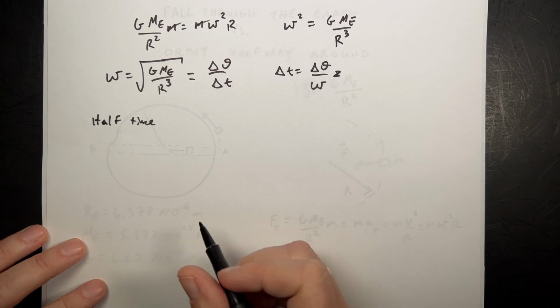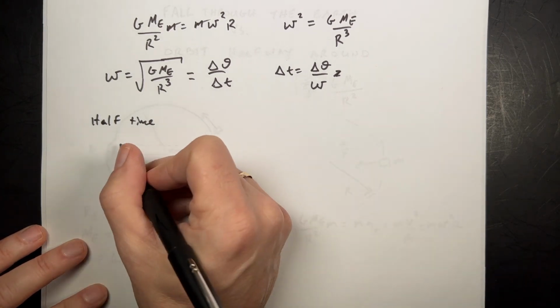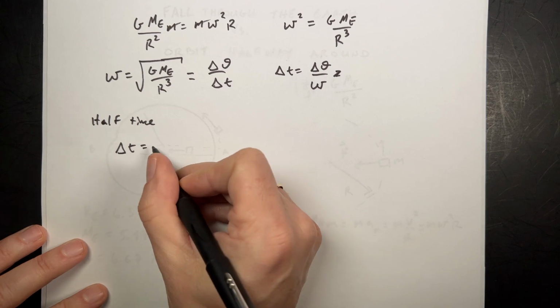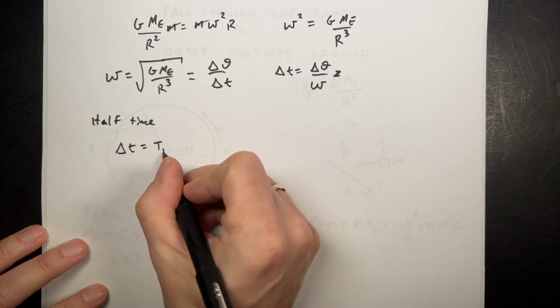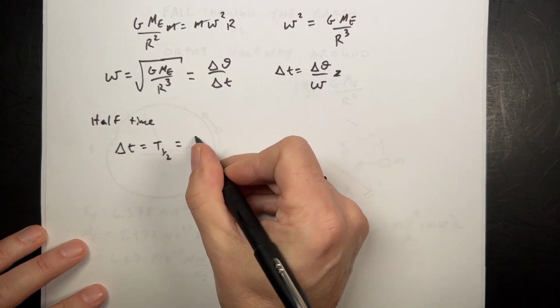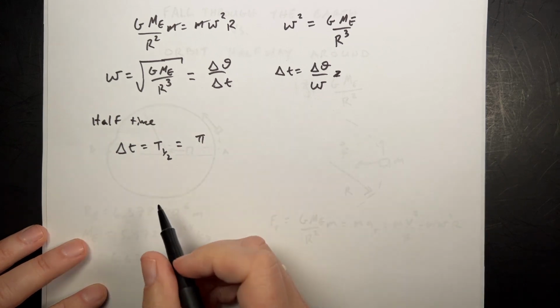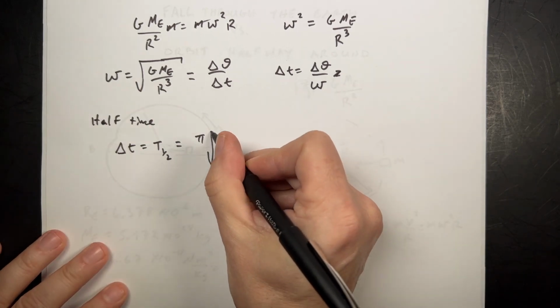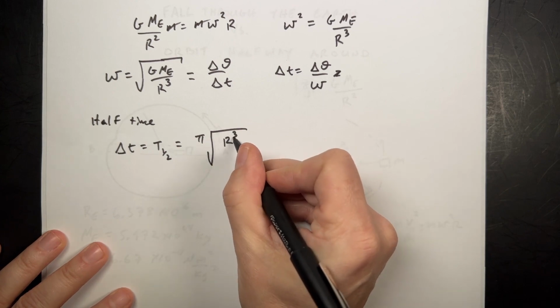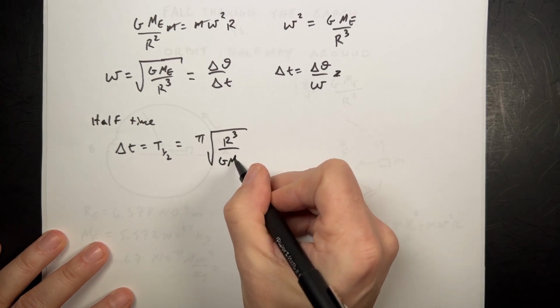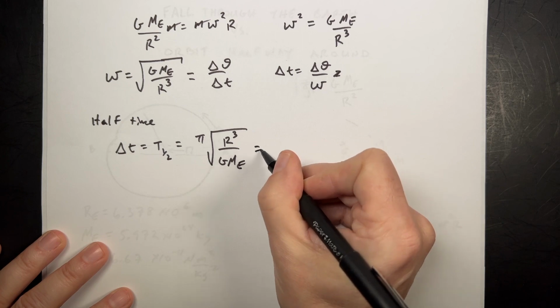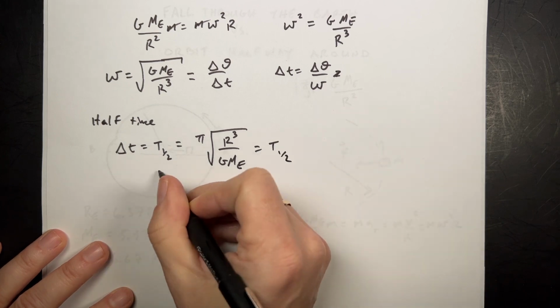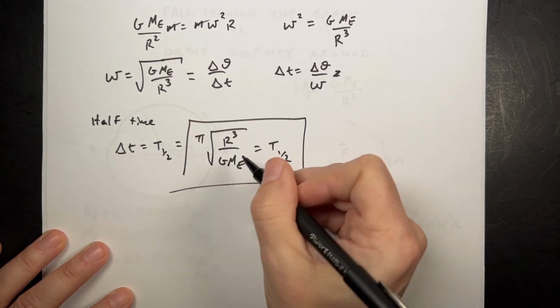So I would say delta t, let's call it t 1/2, is going to be equal to pi, if I go halfway around, and then I have to divide by omega. So that's going to be multiplying by the square root of r cubed over G mass of the Earth. And that would be time 1/2.